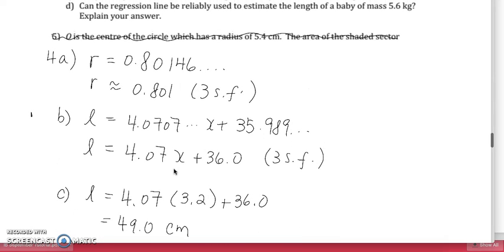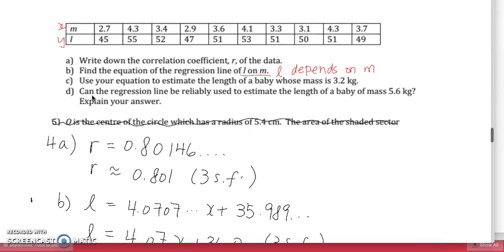Part D. Can the regression line be reliably used to estimate the length of a baby of mass 5.6 kilograms? Explain your answer. Well, if you inspect your data table, 5.6 kilograms is a mass that is greater than our maximum mass, which is 4.3. So that means this estimation will require us to do an extrapolation.